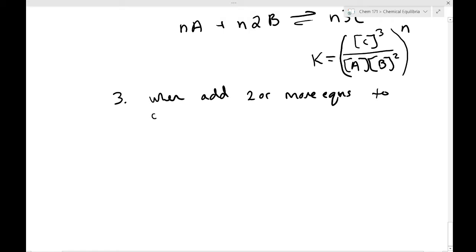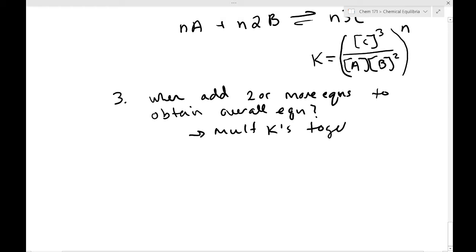In this case, you multiply the corresponding equilibrium constants together.